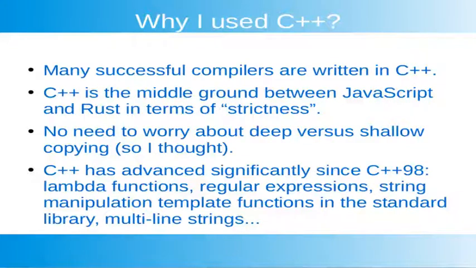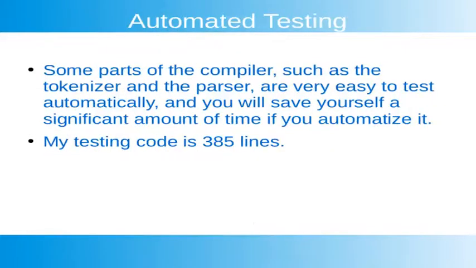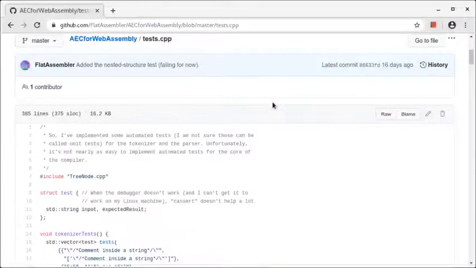So I think that when building a compiler, making automated testing would save you a lot of time. Some parts of the compiler, such as the Tokenizer and the Parser, are very easy to test automatically, and you will save yourself a significant amount of time if you automatize it.